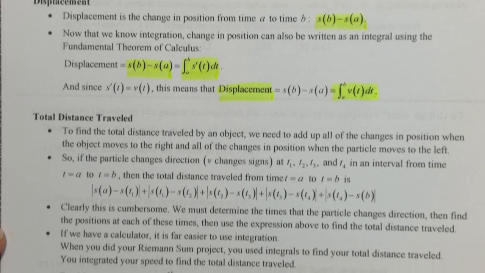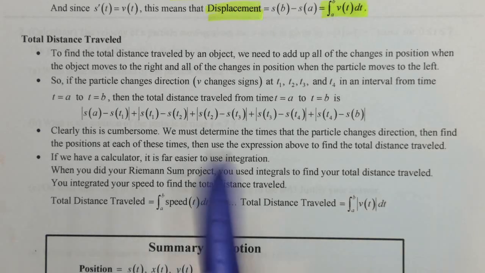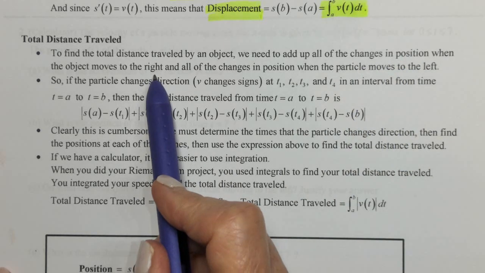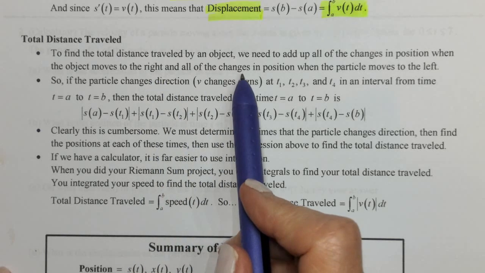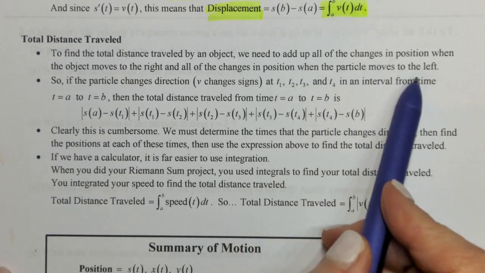Total distance traveled. To find the total distance traveled by an object, we need to add up all of the changes in position when the object moves to the right, and all of the changes in position when the object moves to the left.